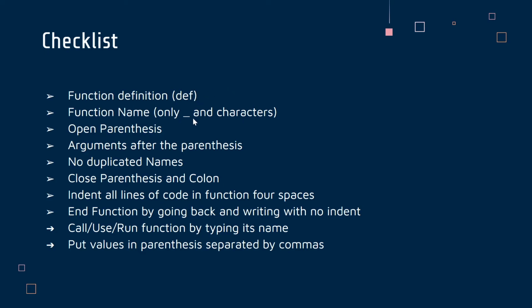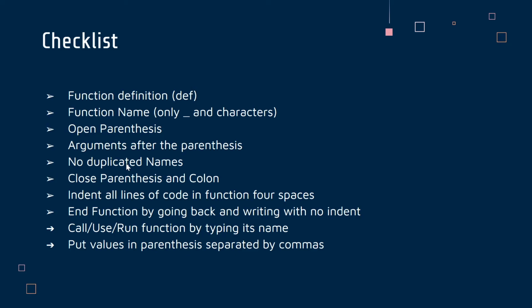Right after, you specify the function name. You can't use spaces, the code doesn't know to put them all together, so use the underscore for spaces, and remember only characters. Make sure it makes sense, and then you start with an open parenthesis, specify what arguments you want it to take, and then you close the parenthesis.